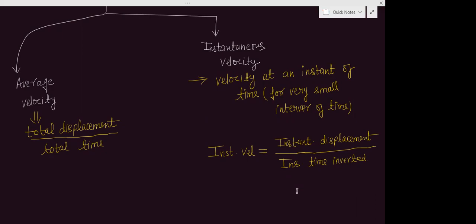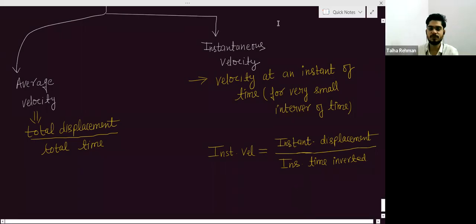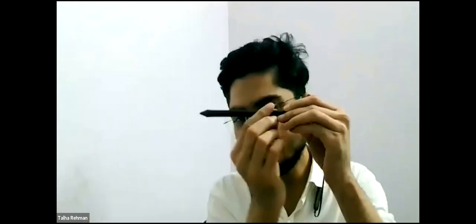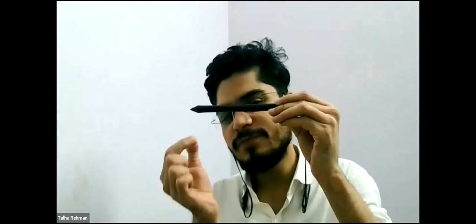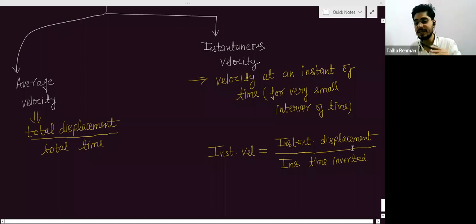Take the example of this pen. Suppose this pen is moving like this. If I say for a very small time, for a microsecond, how much will this pen move? A very small displacement, no? That is why the instantaneous velocity is the instantaneous displacement, and that displacement will be very, very small because the time interval is very, very small.